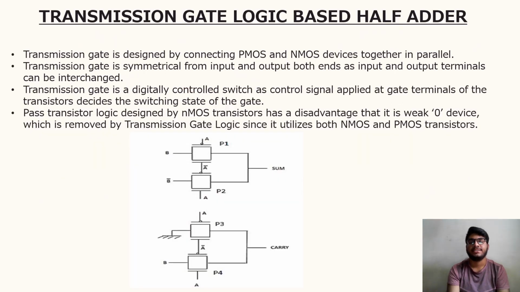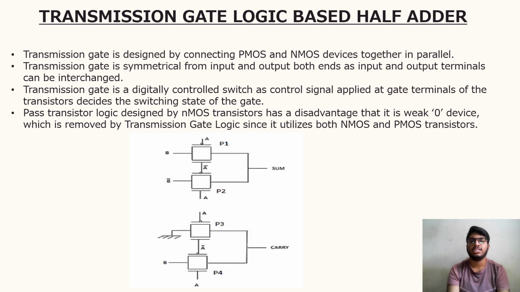The next is transmission gate logic based half adder. Transmission gate is designed by connecting PMOS and NMOS devices together in parallel. Transmission gate is symmetrical from input and output both ends, as input and output terminals can be interchanged.